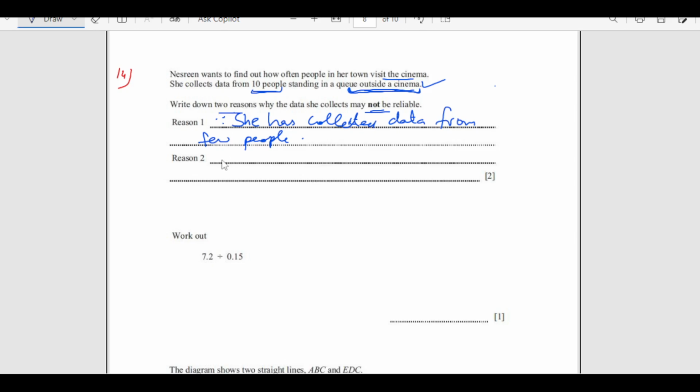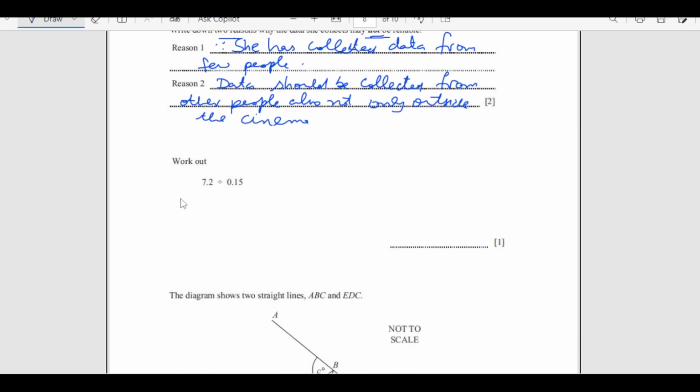Data should be collected from other people also, not only outside the cinema. Okay, and that's it.